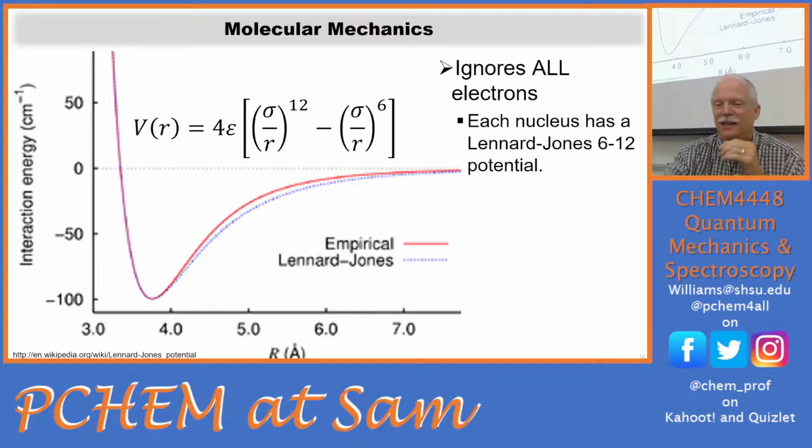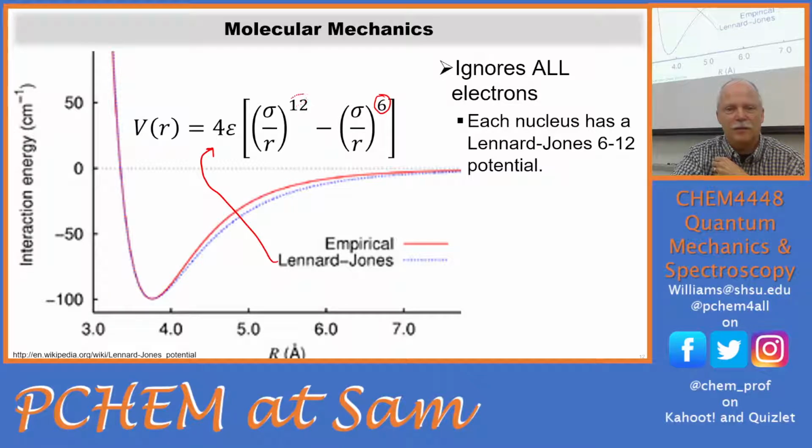Well, it has a particular function here. This is the Lennard-Jones 6-12 potential. Lennard-Jones is the name of this equation, and it's the 6-12 potential because of the exponents.